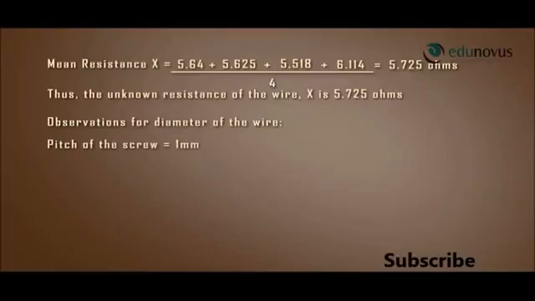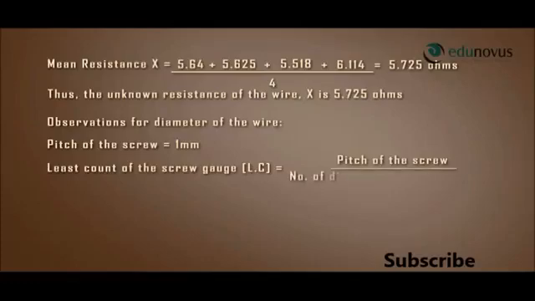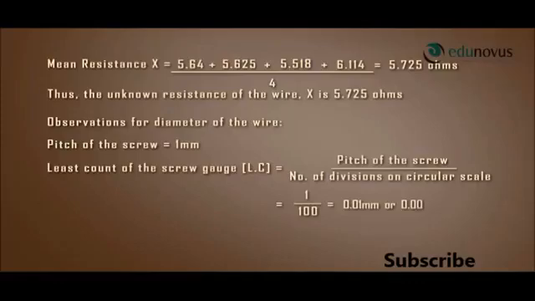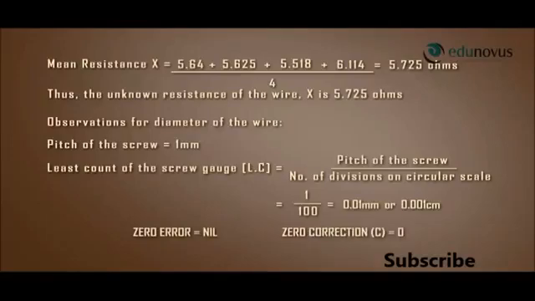Observations for diameter of the wire. Pitch of the screw is equal to 1 mm. Least count of the screw gauge, LC, is equal to pitch of the screw divided by the number of divisions on the circular scale, which is 1 by 100. That is equal to 0.01 mm or 0.001 cm. Zero error is equal to nil. Zero correction C is equal to 0.